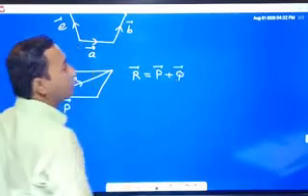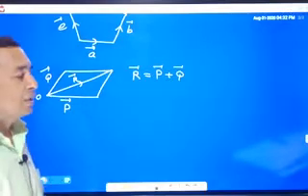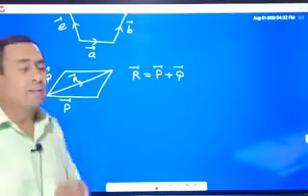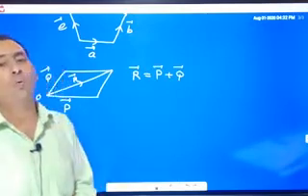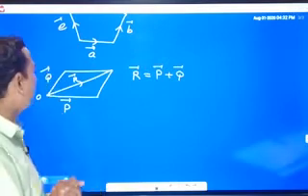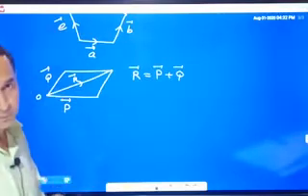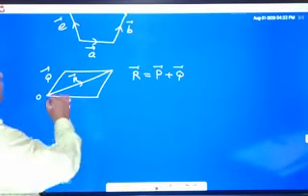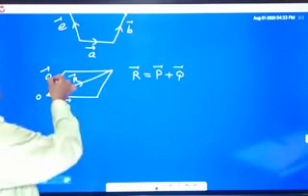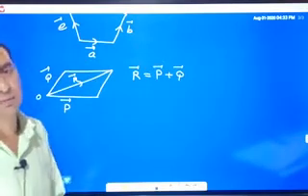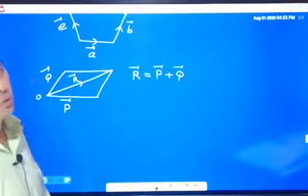So R vector equals P vector plus Q vector.